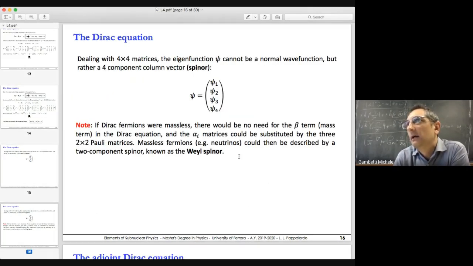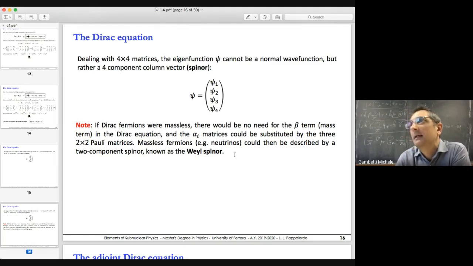So at the end, the Dirac equation is written only in terms of the alpha matrices, or even more simply, you would just need 2x2 Pauli matrices. This kind of equation is called the Weyl equation, and the solutions are called Weyl spinors. In this case, they are not 4-component spinors anymore, but only 2-component spinors.